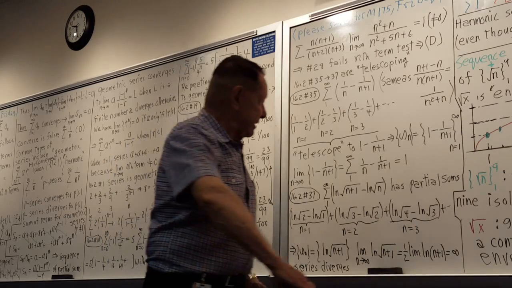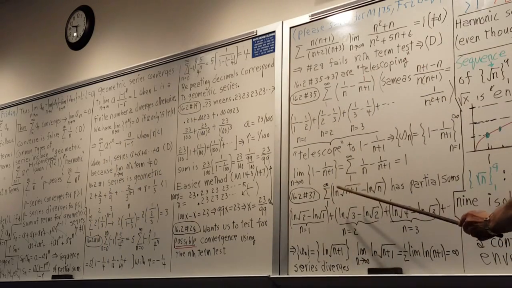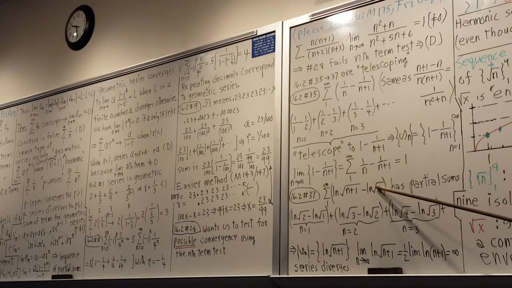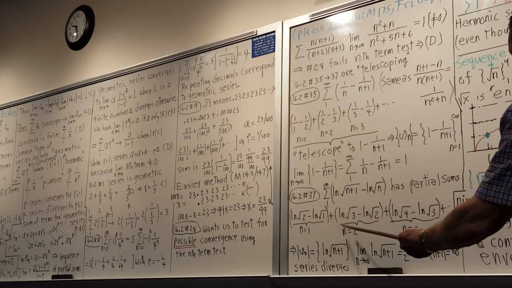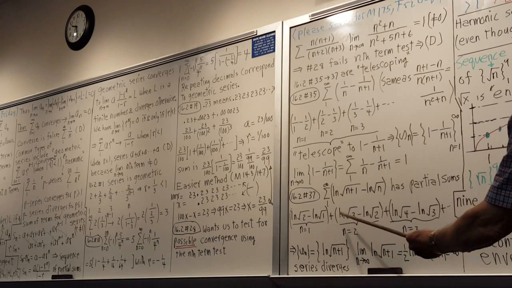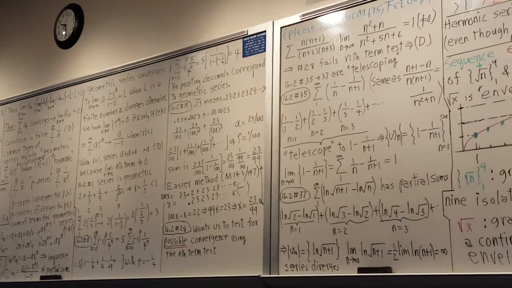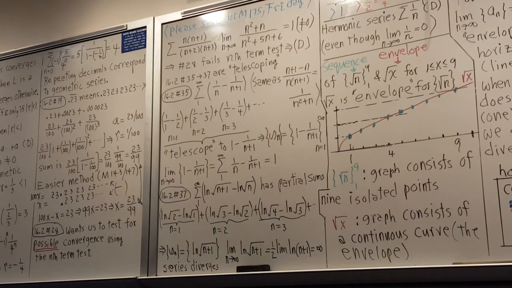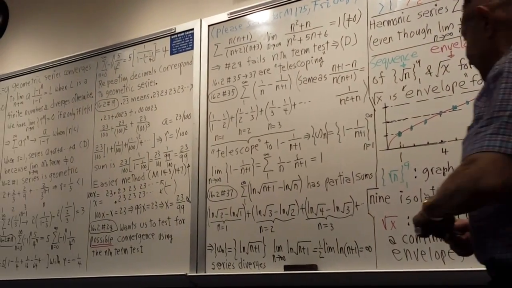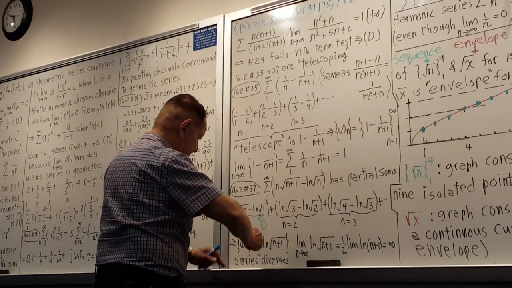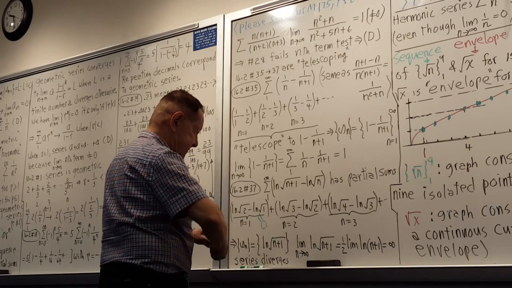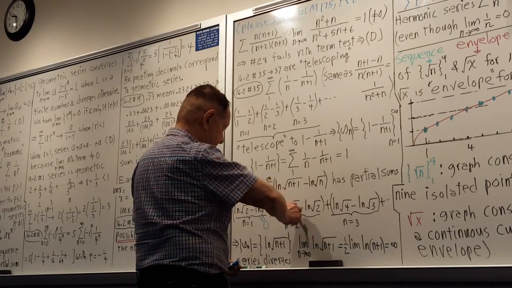Then when n is 3, you'd have log root 4 minus log root 3, and so on like that. So then what will happen is that these will cancel out in pairs. You see, for example, you know first of all that this one is 0, and then you're doing this.